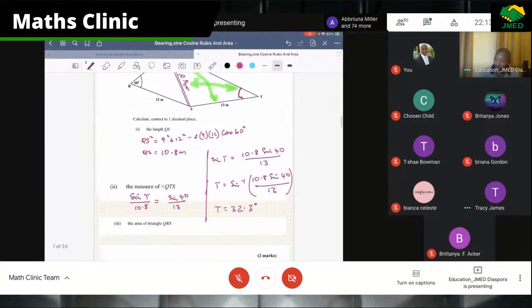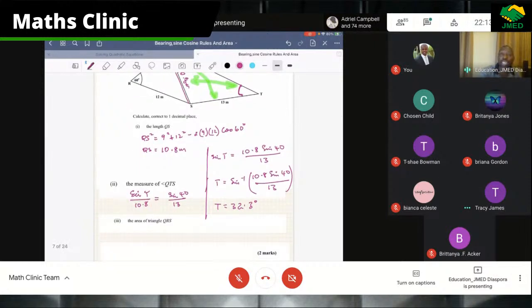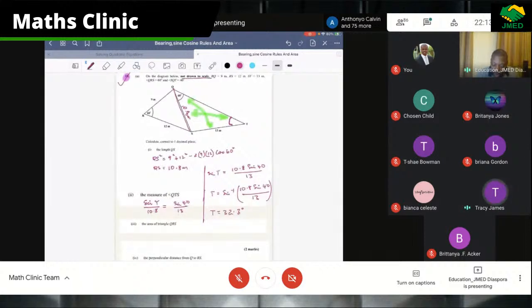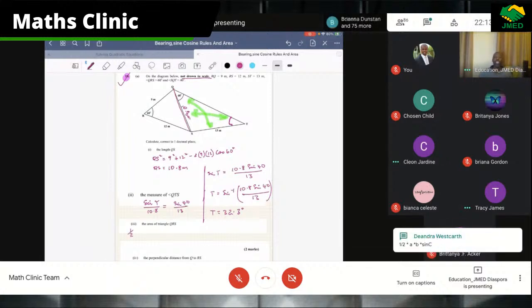All right. Now the next part of the question says, what should we do here? We should find the area of the triangle QRS. QRS is this triangle here. What's the formula? Sir, half base times height. That is for the right-angled triangle.